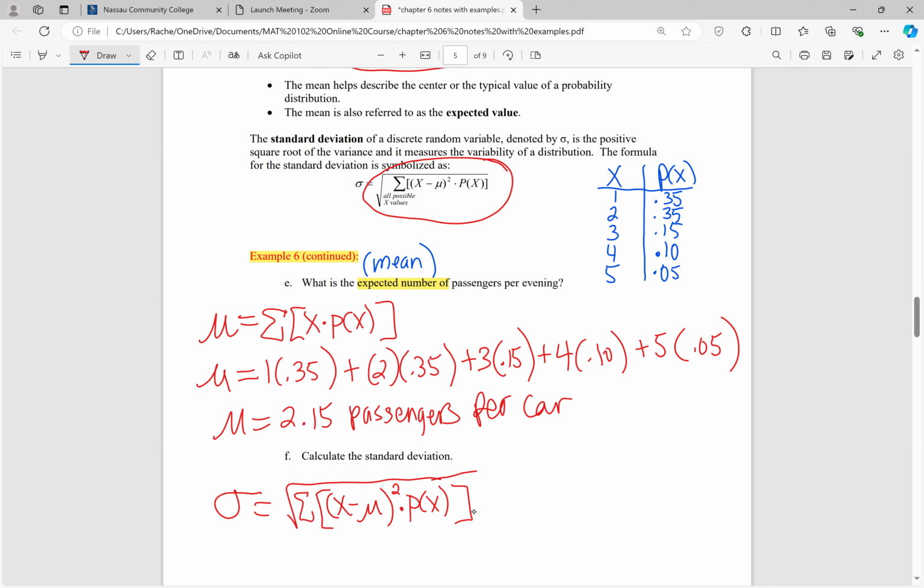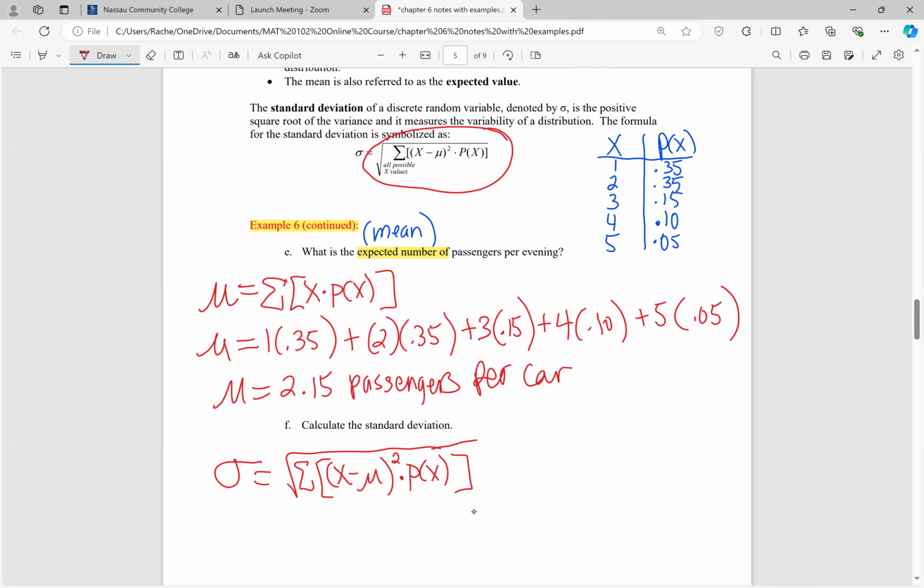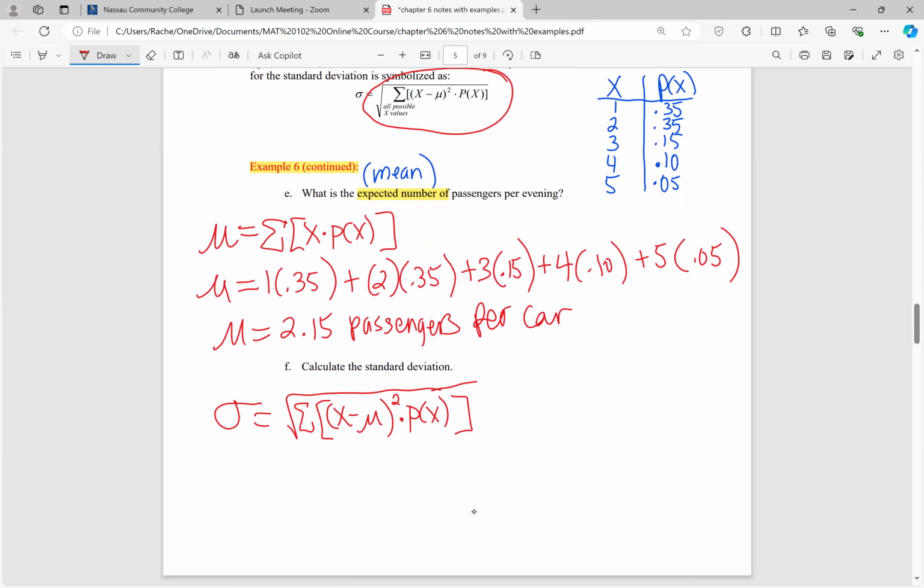So we could do this together, just like we did the mean. Let's write it out and then we'll plug it in the calculator. So sigma is going to be equal to a big square root, because we have to plug in each value of x minus the mean squared times p of x.